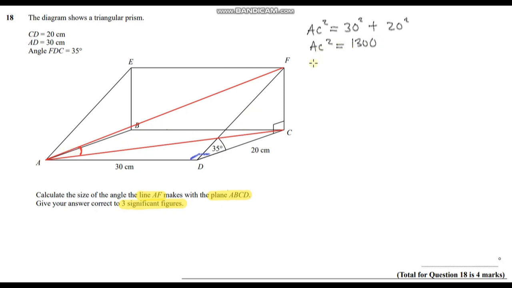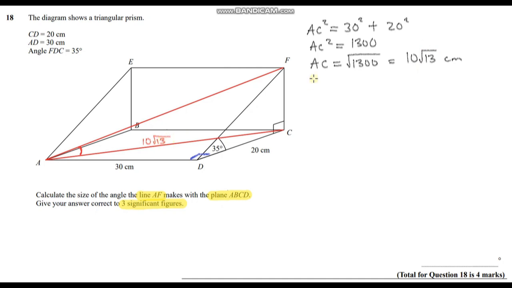That'd be a bit crazy. So AC is going to equal the square root of 1,300. So square root answer, and we get 10 root 13 centimeters. Now we could write this as a decimal, but I don't want to lose any accuracy. So I'm just going to keep this as a surd. So this is 10 root 13.